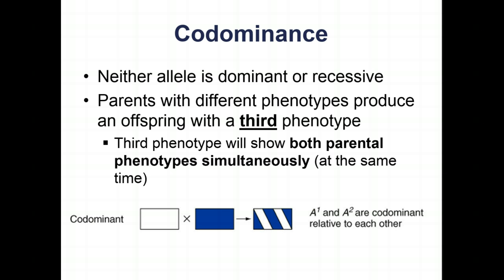So for example, if you crossed a purple flower with a white flower under codominance, you would get a plant that had both purple and white petals in the same plant. So in the case of codominance, the phenotypes are not a blend. Both phenotypes show up at the same time.